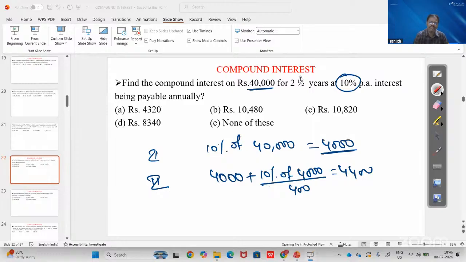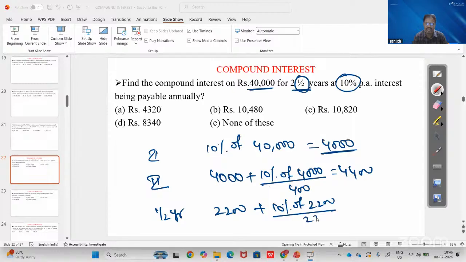Here we need to find out third year, so we don't need to find out third year. We are finding only for half year. That is half year. What is the half of 4400? 2200. So on that 10 percentage is nothing but 10% of 2200 is equal to 220. So 2420. Here I'm getting 2420. If I add all the values, 10,820.